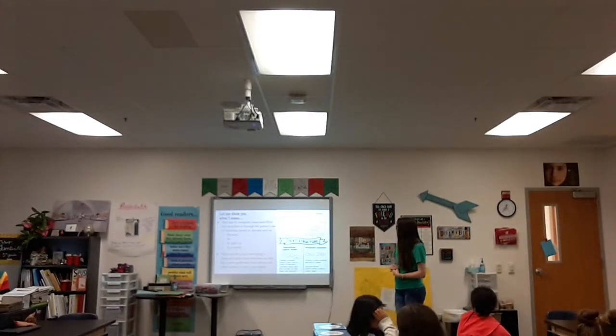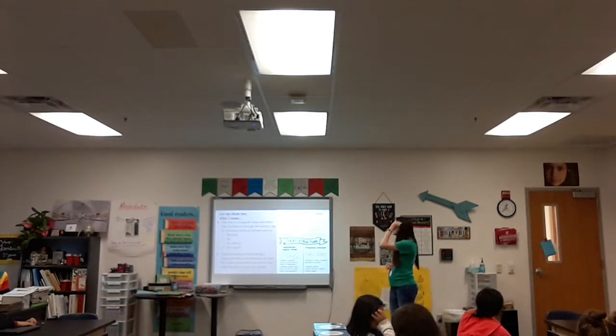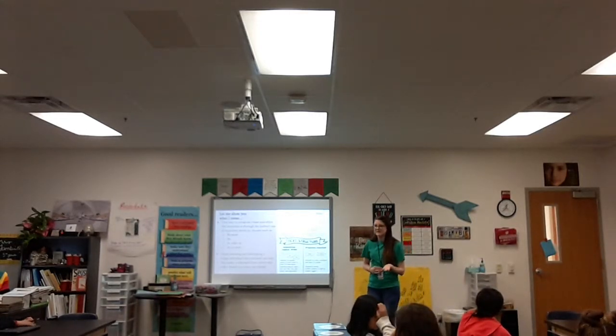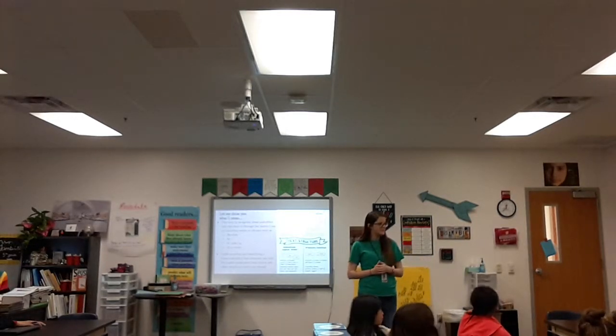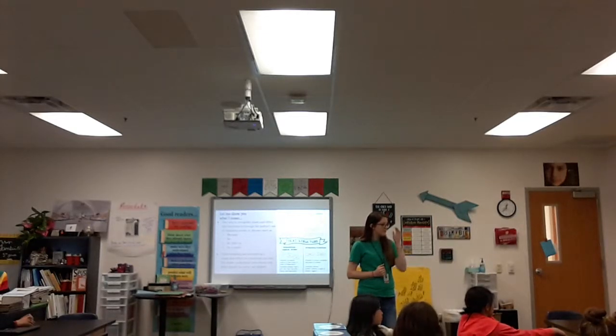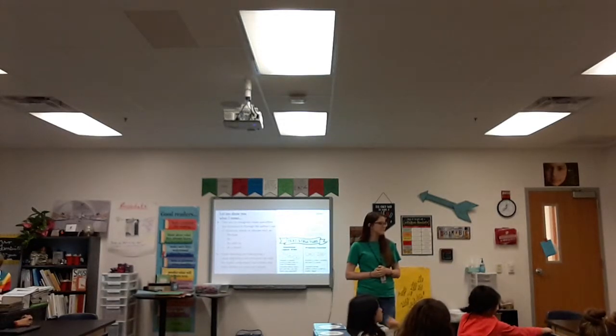So, can anyone tell me why an author would use cause and effect? Yes. To state something that's happened and the effect of what happens, like the ice cream fell off your cone, so it melted on top.